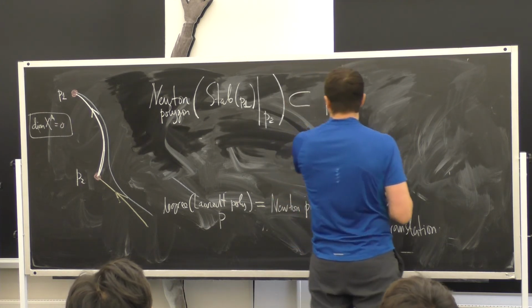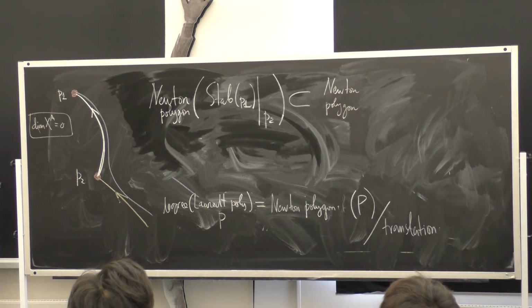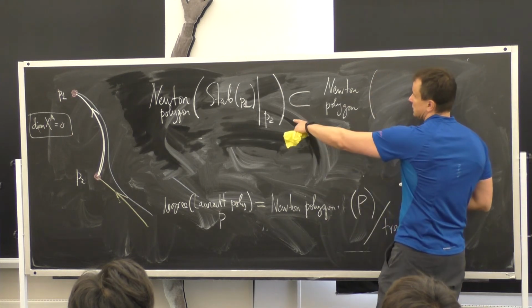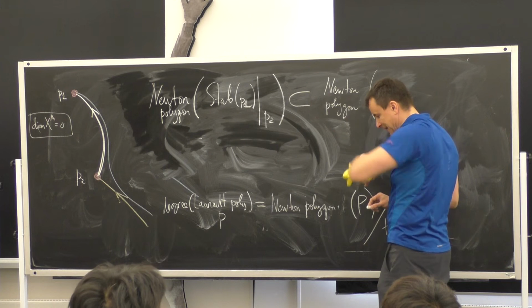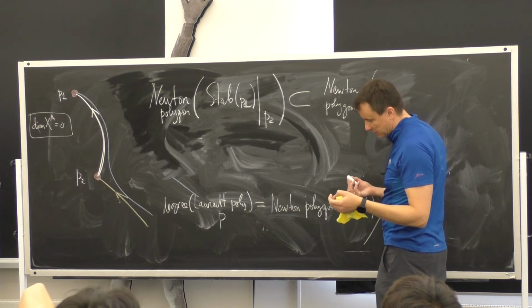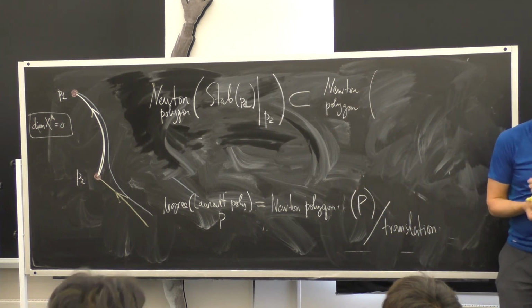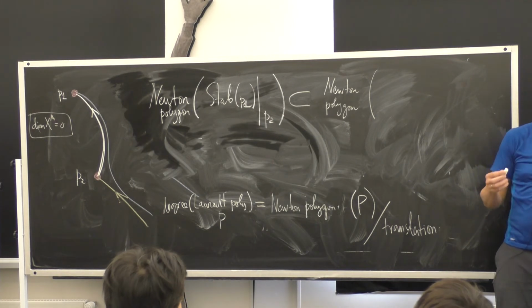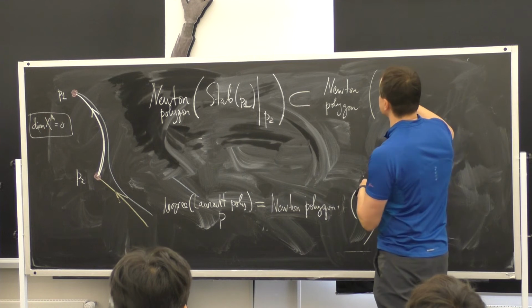on something canonical half-dimensional. Maybe you can take it to be, say, the polarization at this point. So this is some canonical something.